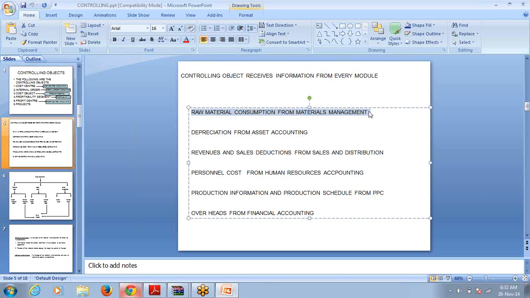Not only raw material consumption, all the expenses incidental to material procurement, like inward freight, like input taxes, every expense which is concerned with the materials procurement are also taken from materials management into the general ledger. From there, it is taken to controlling.